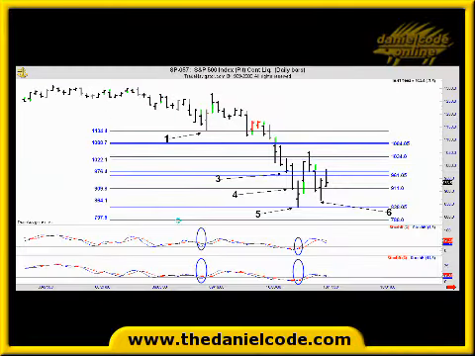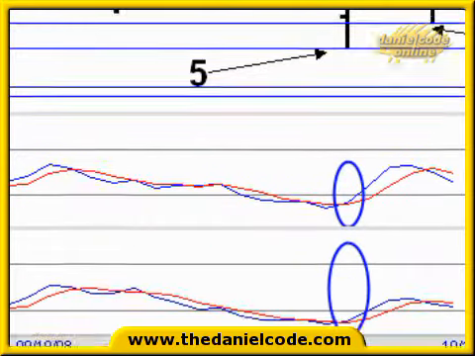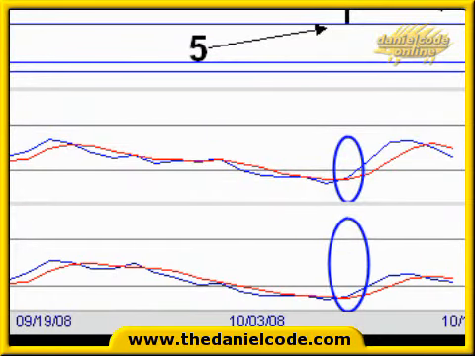When we go and look at the bars on where the arrows are on 3 and 4, you can see that the stochastics themselves are oversold, but we didn't get a turn.